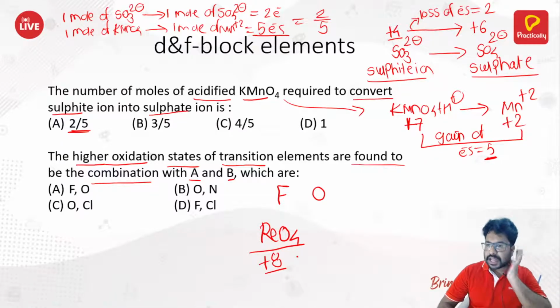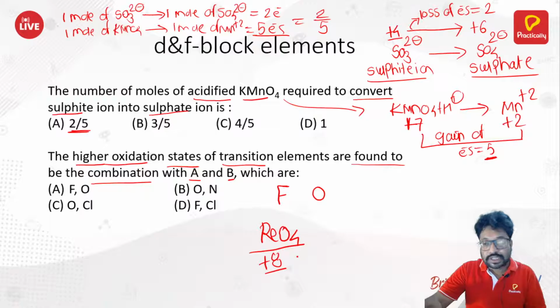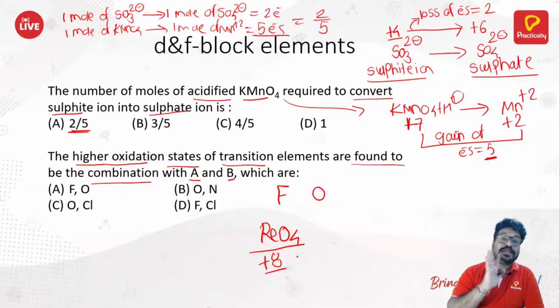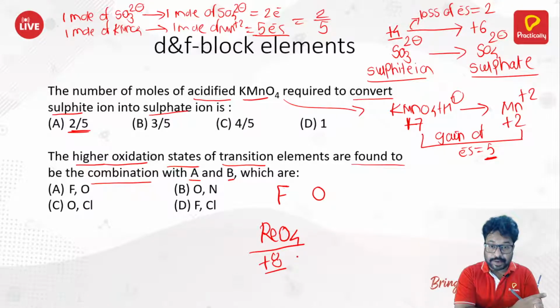The reason is that oxygen is able to form a double bond. On forming a double bond, oxygen imparts -2 charge on itself and +2 charge on the other element. So by forming just 4 bonds, oxygen can impart an oxidation state of +8 to the other element.